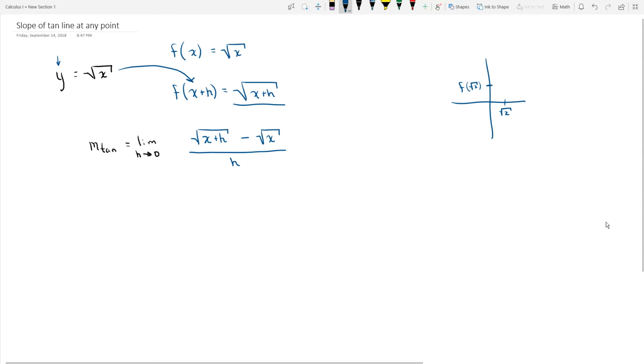What we need to do, and as the goal is in this case, we're trying to eliminate division by 0, which means that we are trying to eliminate the denominator h. So in order for us to do that, we need to look at different ways that we might be able to work with the numerator and create a way to eliminate that denominator h.